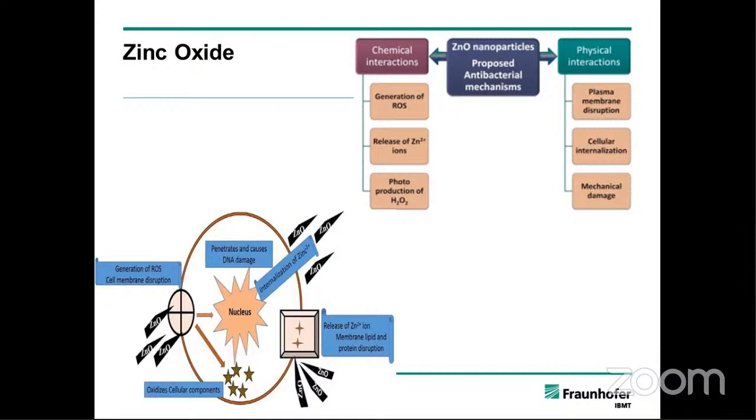Zinc oxide goes to self destruction, and it produces the ions. These ions interrupt the electron transport chain. They cause reactive oxygen species, and in the end they go down to the nucleus, interact with the DNA and damage the DNA, and it can kill.